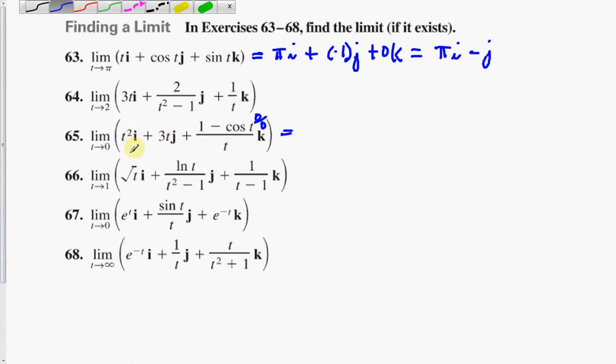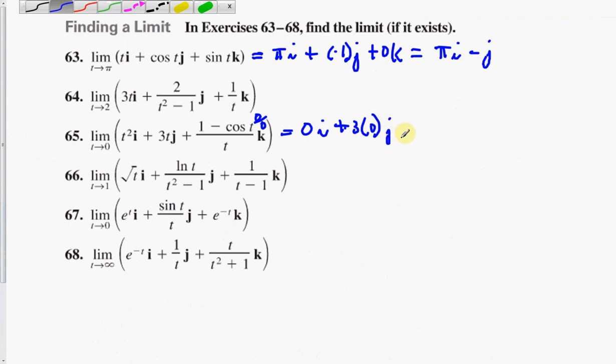The first two you can just plug in because they are continuous, so the limit exists at the function value. And so that first component here is 0 squared times i, so it's just 0i. And then this is 0 times 3, so plus 0 times 3j.